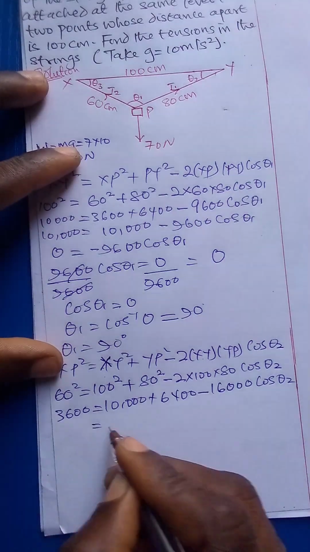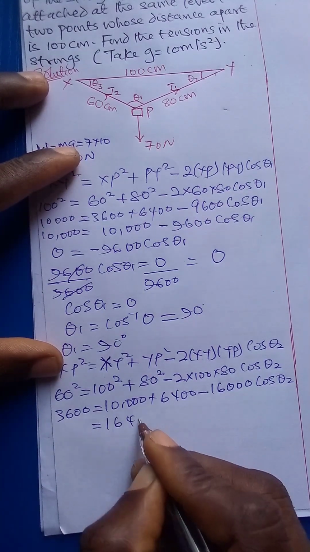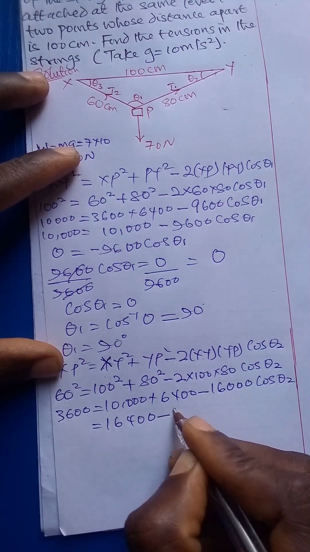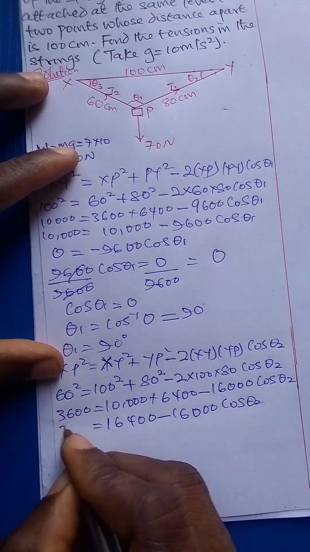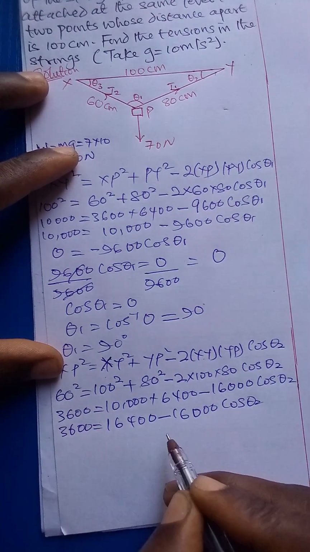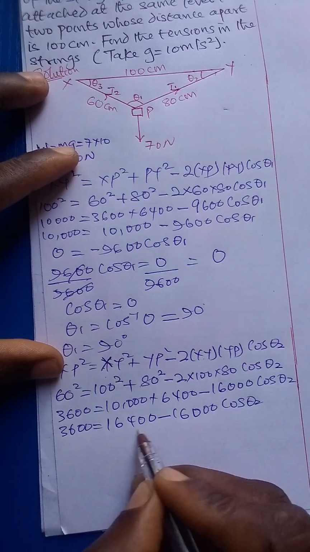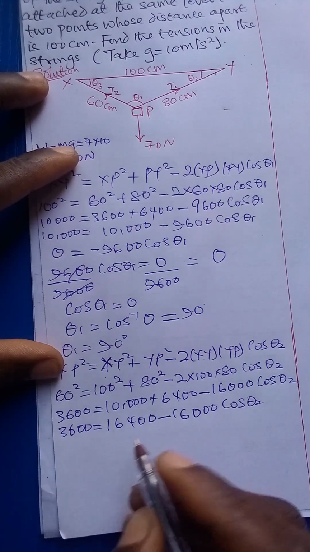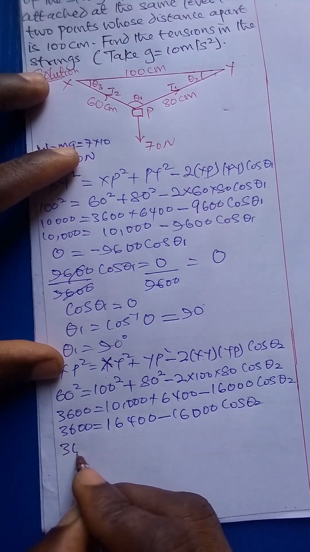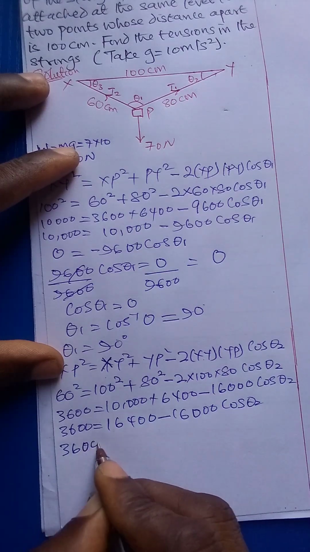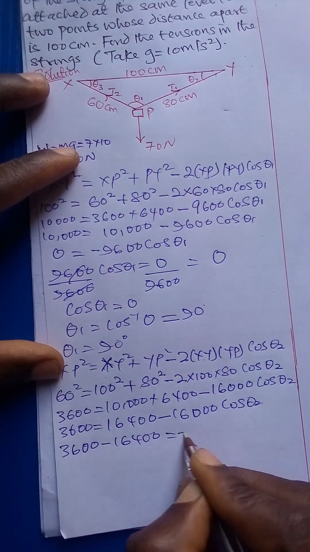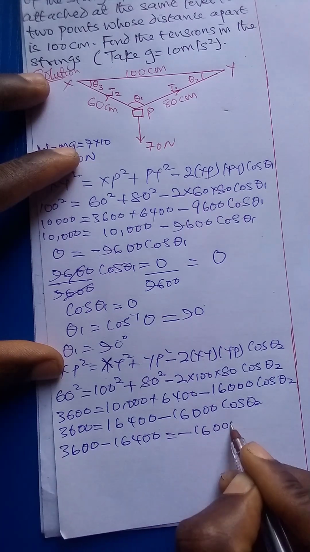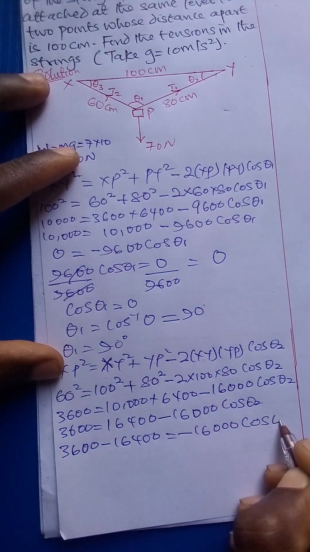When we add together, we'll have 16400, then minus 16000 cos theta 2. That is 3,600. Let us subtract 16400 from both sides. So it becomes 3600 minus 16400 equals minus 16000 cos theta 2.